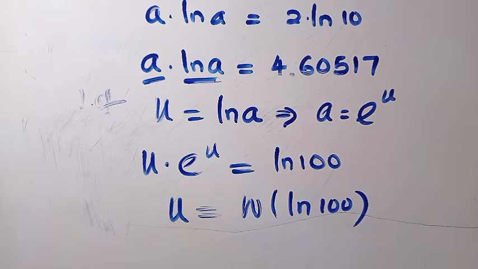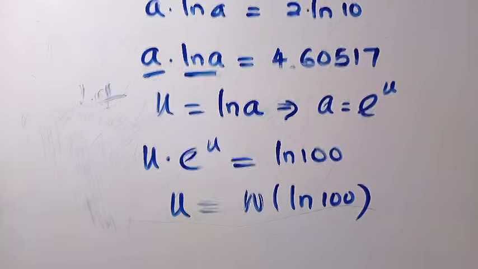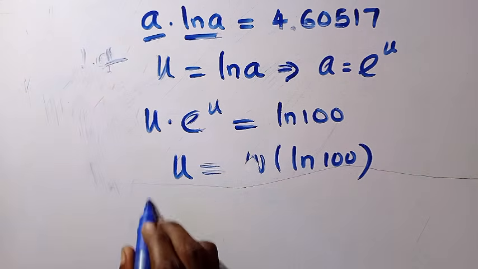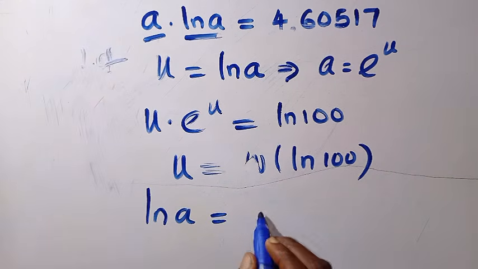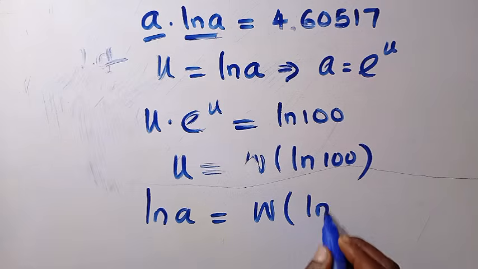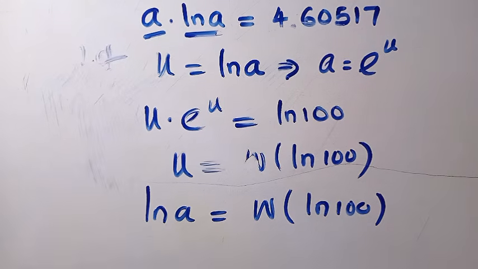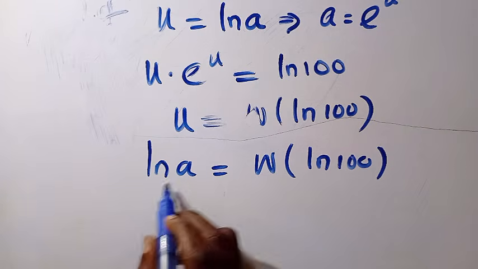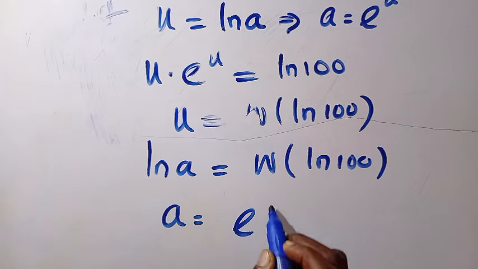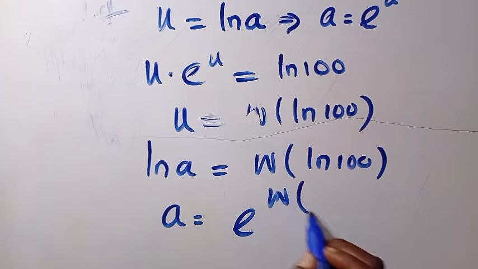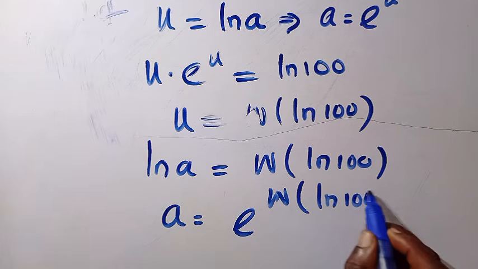Recalling that we let u equal ln A, we have ln A equals the omega of ln 100. So we introduce exponential to both sides. As usual, we have A equals e raised to the power of omega of ln 100.